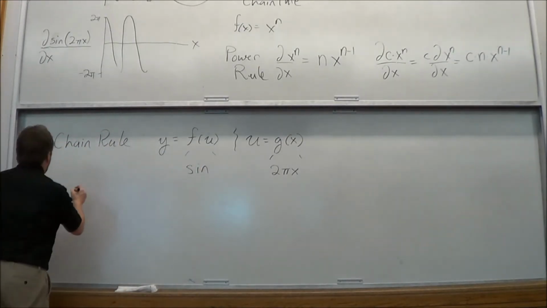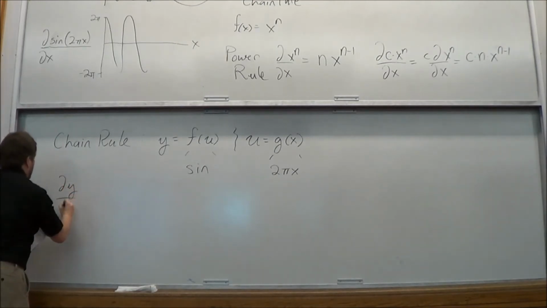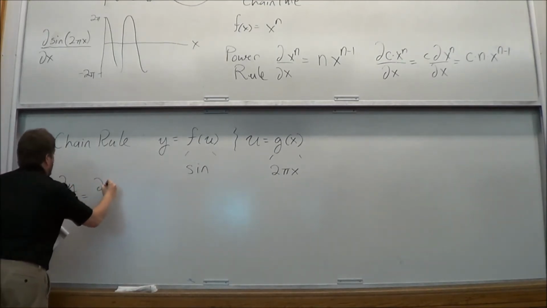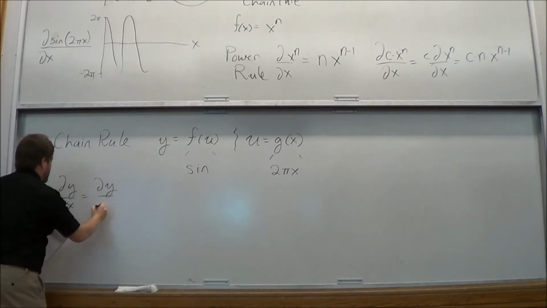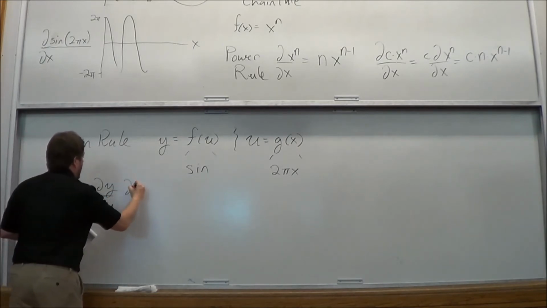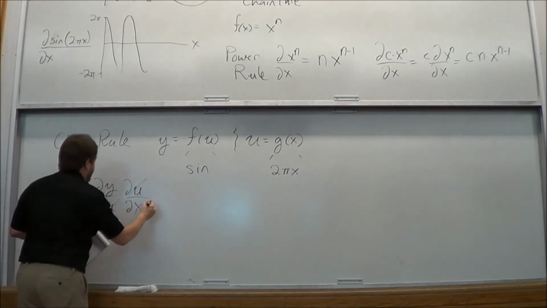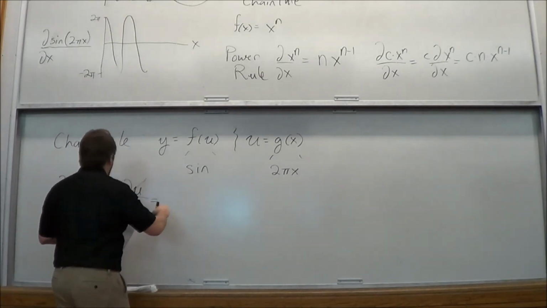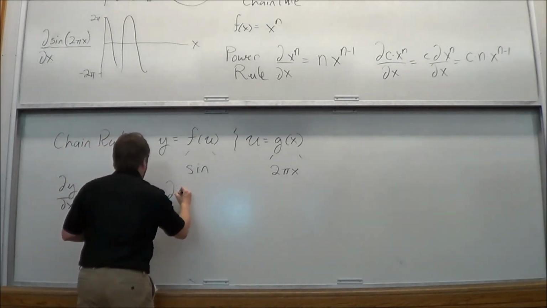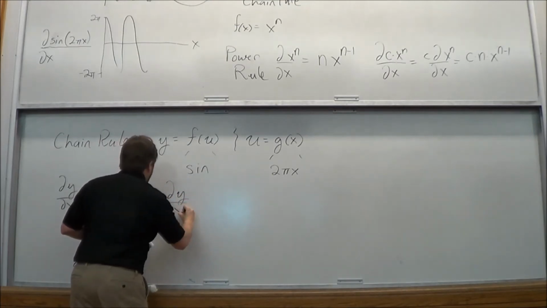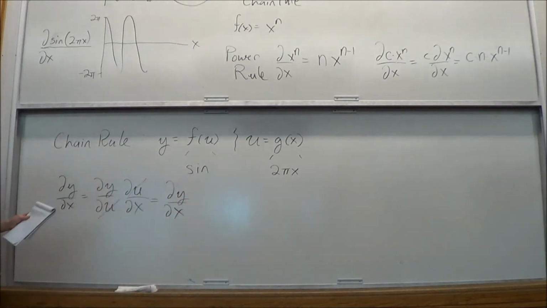All right, so the derivative is then based on just ratios. You can do it this way. The reason is that these cancel, just like a over b times b over c is a over c. dy dx, all right, so it's equal to itself.